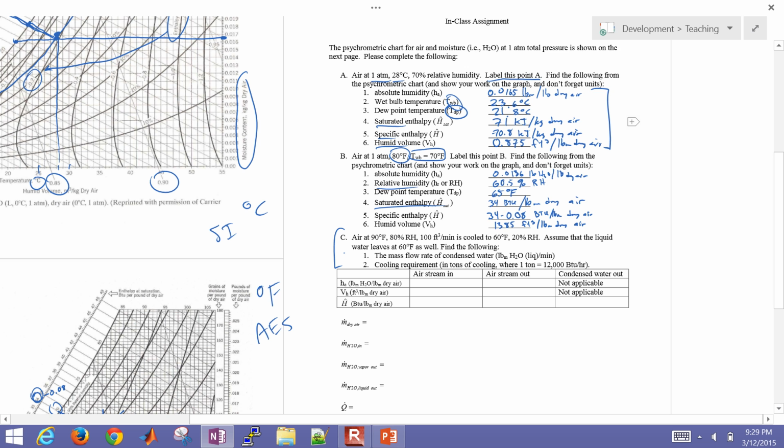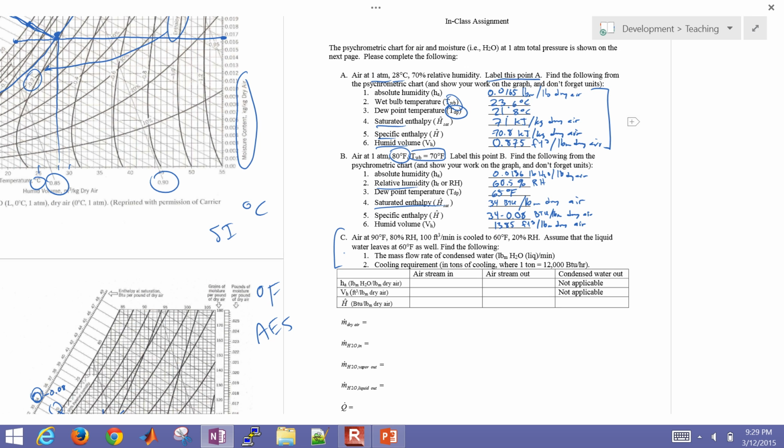So we have air at 90 degrees Fahrenheit and 80% relative humidity, and it's coming in at 100 foot cubed per minute, and it's cooled to 60 degrees Fahrenheit and 20% relative humidity. So we'll assume the liquid water leaves at 60 degrees Fahrenheit as well.